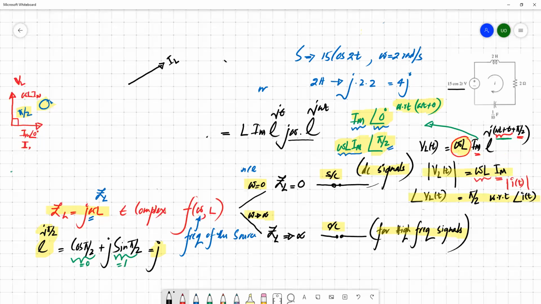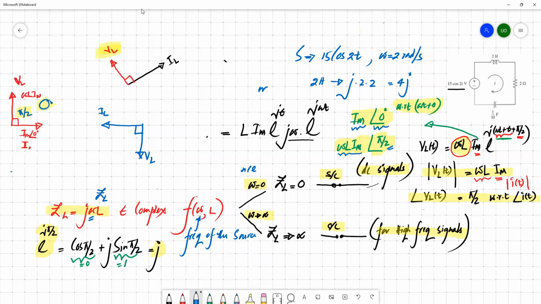So what about the voltage then? You can easily mark the voltage, which is perpendicular to this. So this is the induced voltage. In other cases, this is your current, and then this should be your voltage. All the time your voltage should lead the current by 90 degrees.